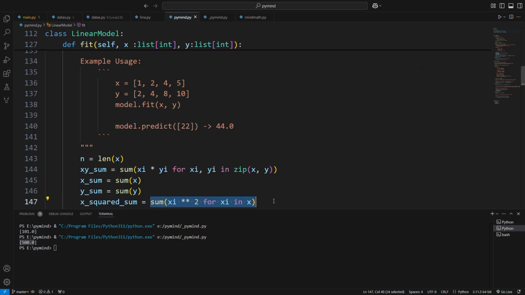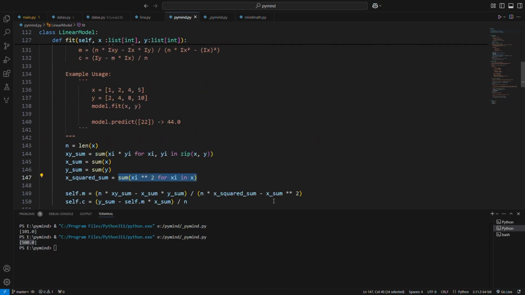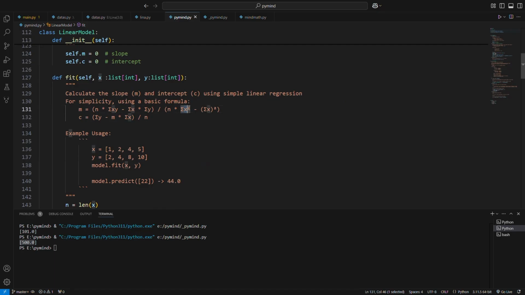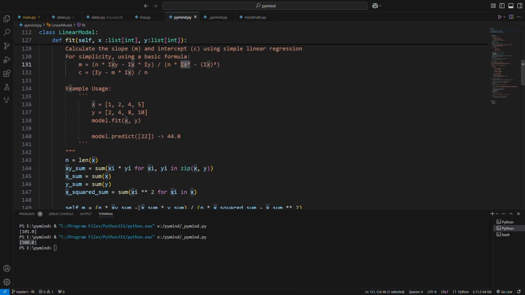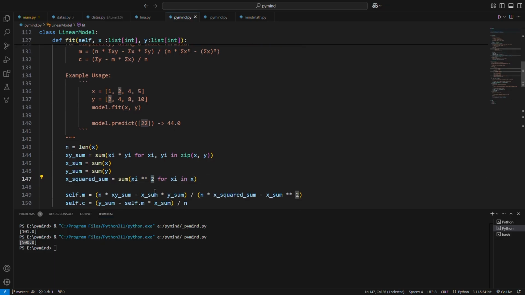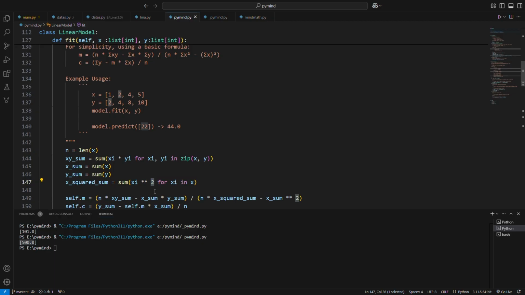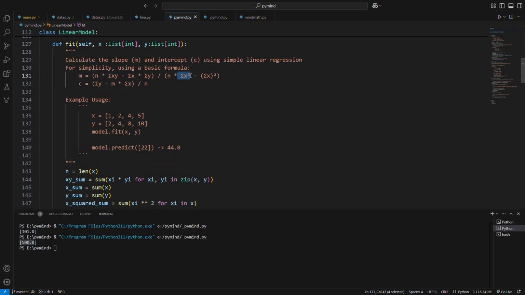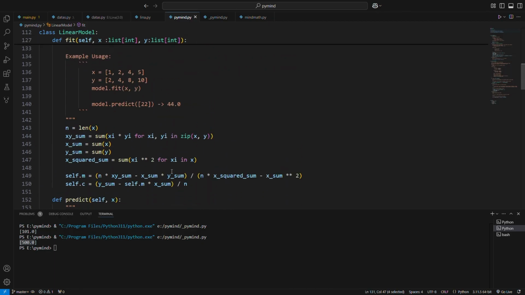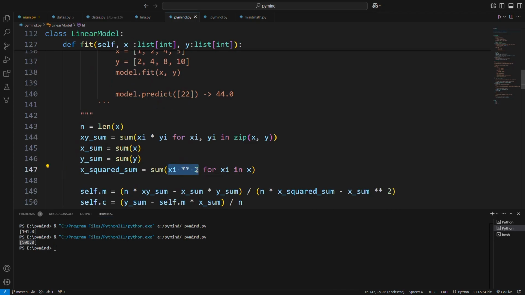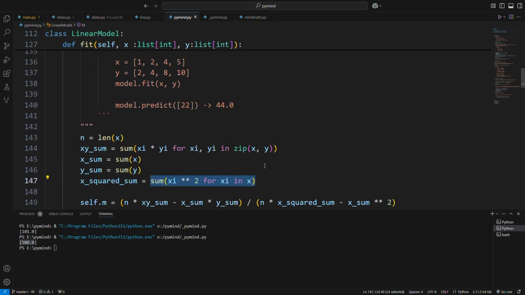This is xi to the power 2, sum of x square for all xi.